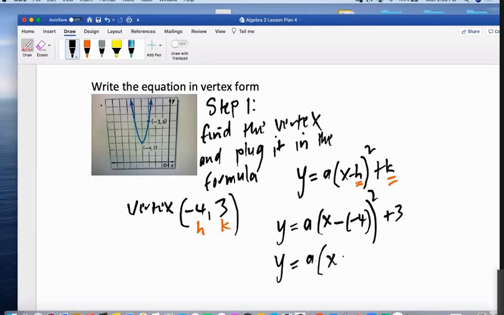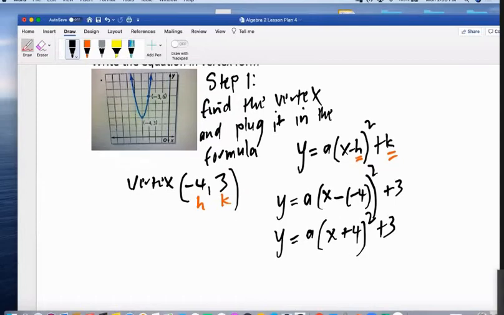I kind of skipped that step, but if you need to write it out to help you, that's fine. That's the reason why, when we find the vertex from the equation, whenever this is positive, it means a negative number was plugged in, because that's the only way the sign changes to positive.